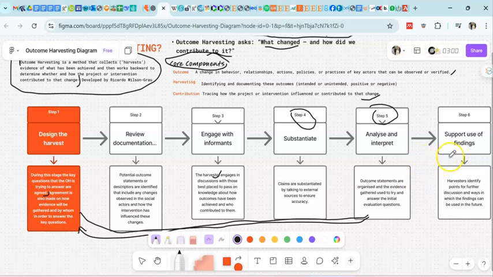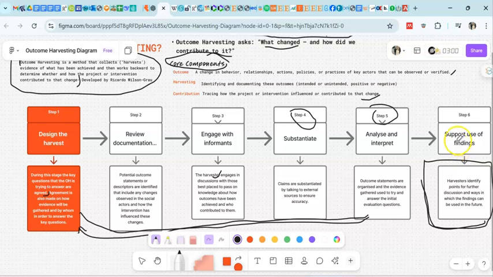And the sixth and last step is support use of findings. Harvesters identify points for further discussion and ways in which the findings can be used in the future. If we do not use the findings of any evaluation, they are going to stay just in the tray or in our documentation file.